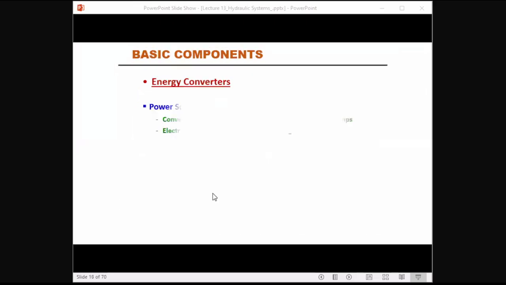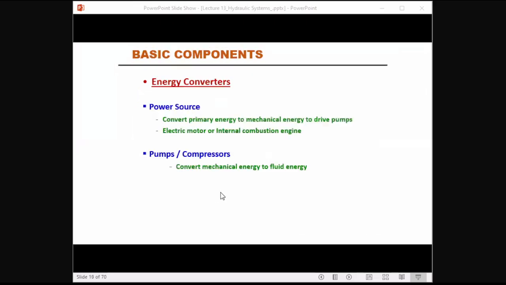So pumps or compressors convert mechanical energy to fluid energy. Using pumps we can convert mechanical energy into fluid energy.